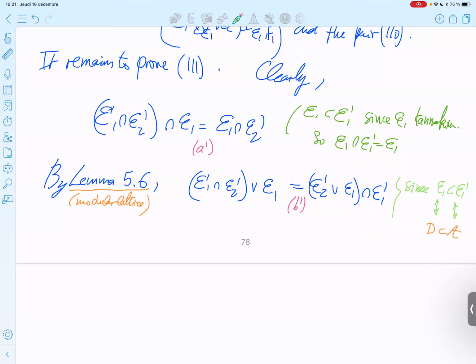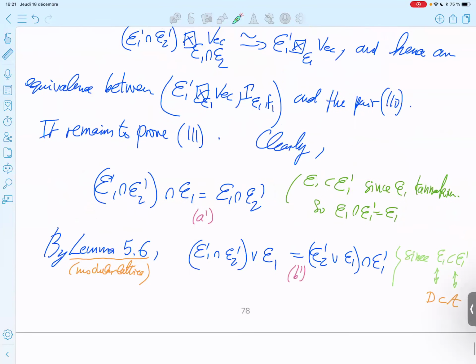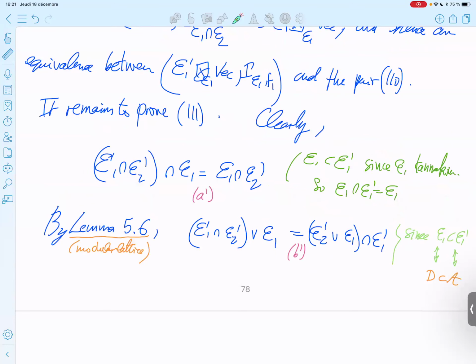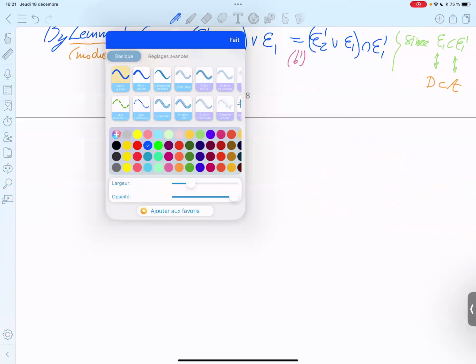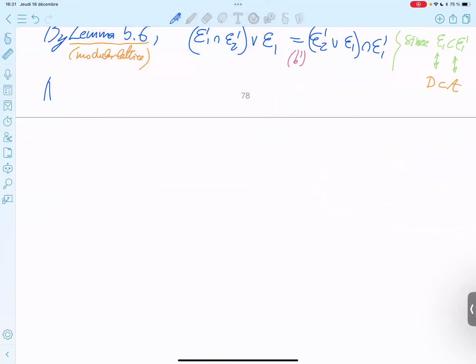Okay. And in fact, we need to show exactly the identities in the following lemma. Now we use the following lemma.